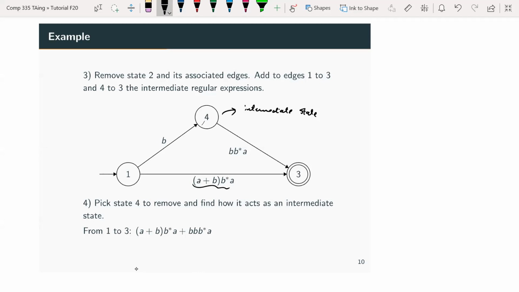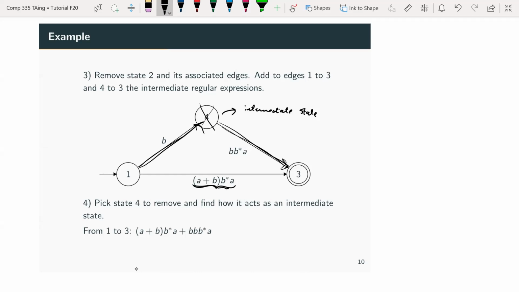So if I get rid of 4, I need to consider the transition from 1 to 4 with b and from 4 to 3 with b star a. So I need to conserve that transition. And so 4 is allowing me to go from 1 to 3. And so to go from 1 to 3, I can either take this direct link or use this longer path with 4.